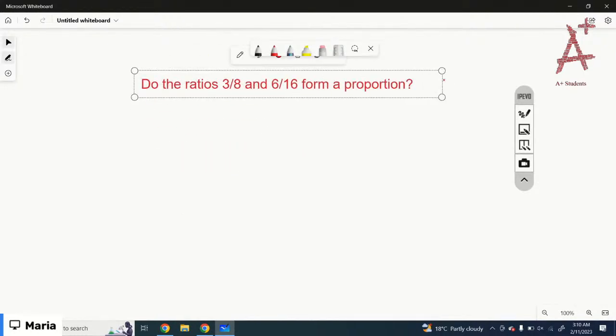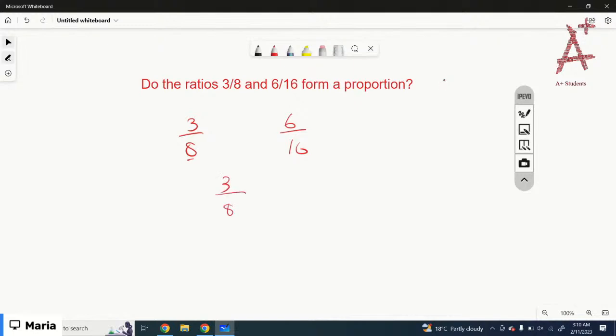So one of them is 3 over 8 and the other one is 6 over 16. So just make this denominator equal to 16. So 8 times what number is 16? 8 times 2 is 16. So just multiply this fraction's numerator and denominator as well. So it would be 3 times 2 is 6 and 8 times 2 is 16.